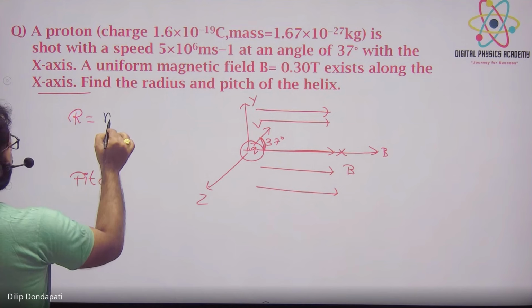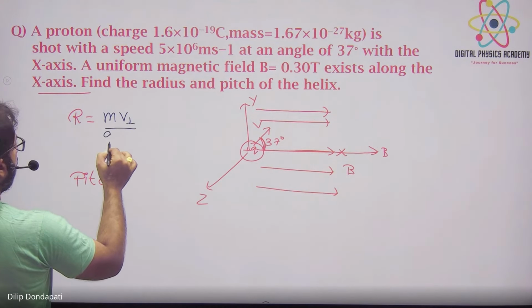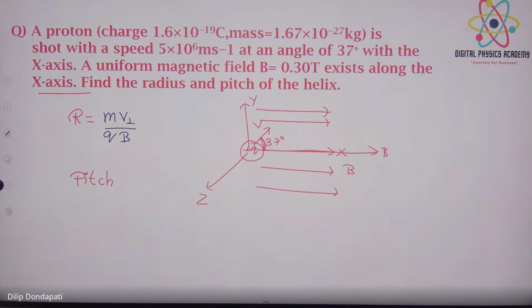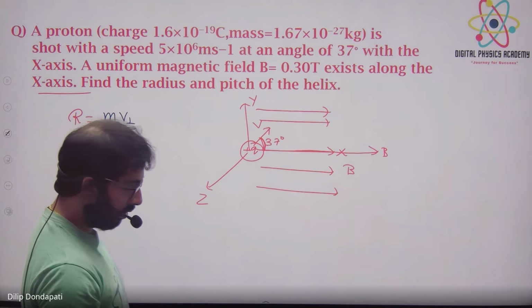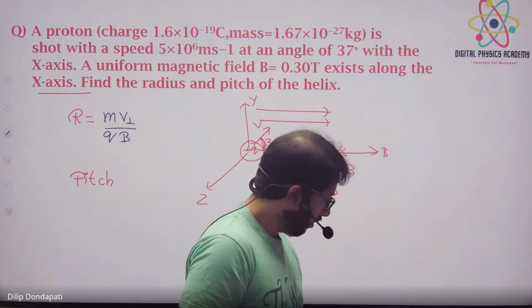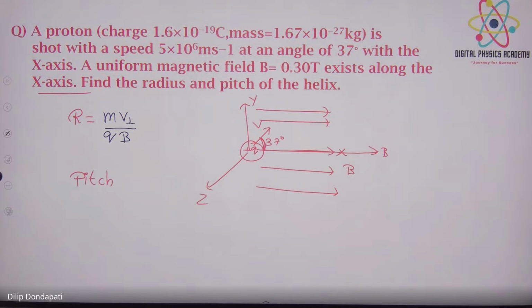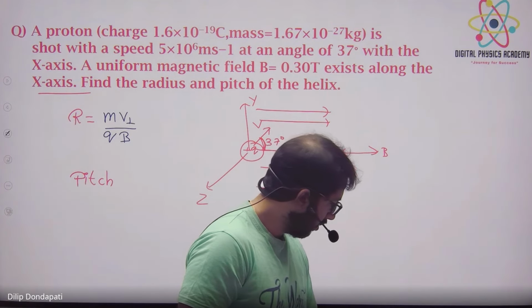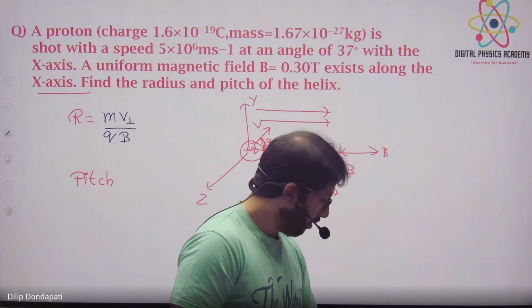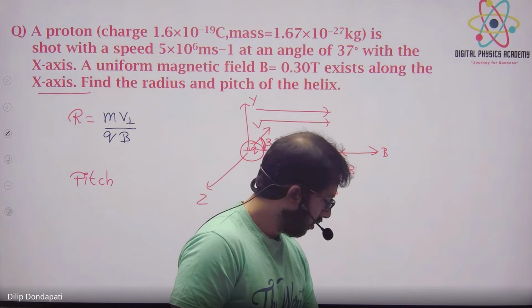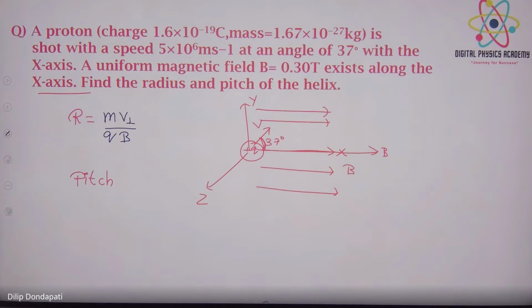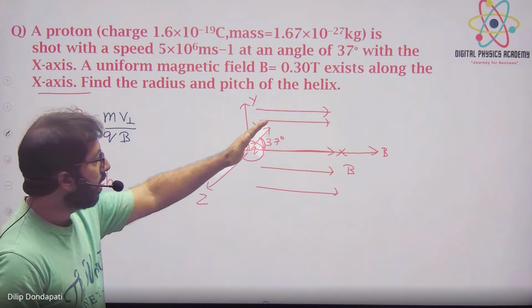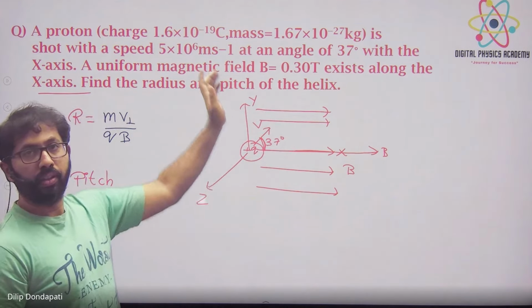Formula is m v perpendicular by qB. साथ ही मालूम है, perpendicular वाला, magnetic field से perpendicular वाला v sin theta वो लेने का, वो वाला velocity should take. हाँ.